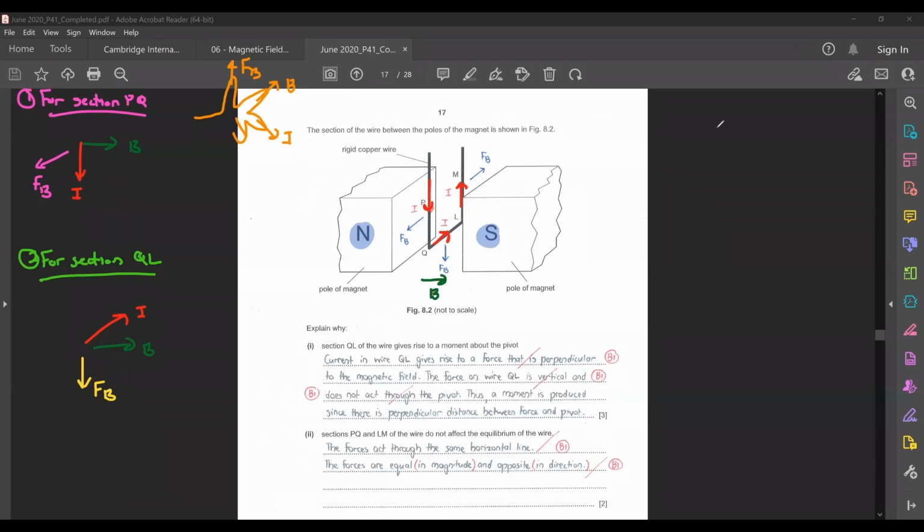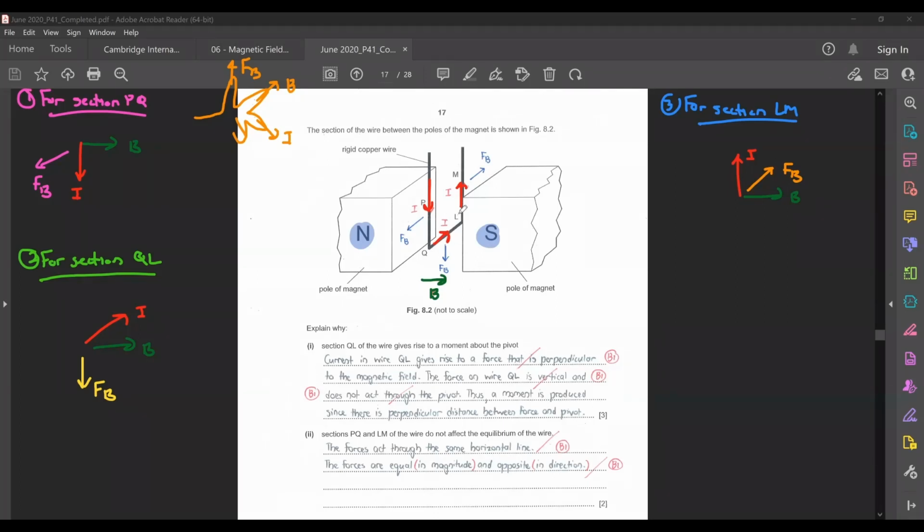Okay, and then for the last section here, section LM, my current direction is going upwards. My magnetic field is going towards the right. If I use Fleming's left-hand rule now, I ought to be able to work out my magnetic force as being in this direction. Okay, so these are all the respective forces acting on the sections of wire.